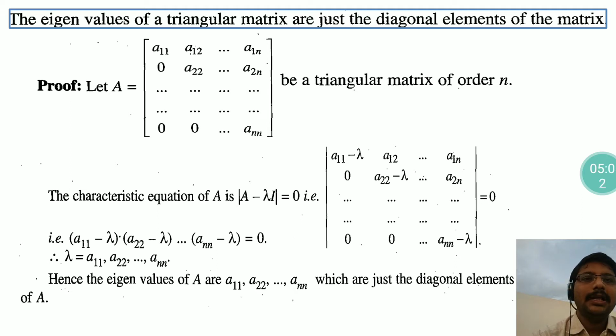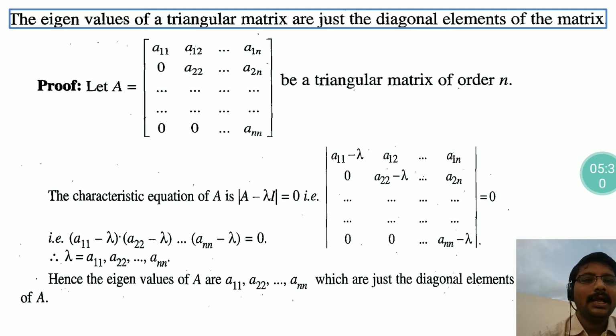To take the determinant, we just subtract lambda from the principal diagonal elements, and the determinant is equated to 0. That is, a11 minus lambda into a22 minus lambda, and so on, ann minus lambda equals 0. Clearly the product is equal to 0.